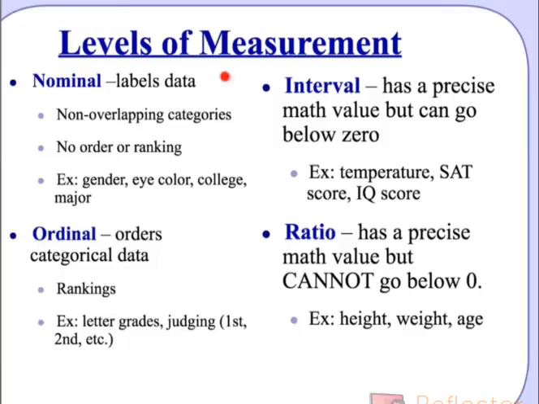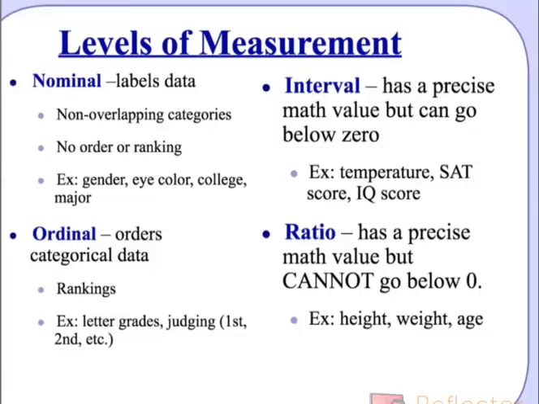So both of these, ordinal and nominal, are for categories, okay? These are for your categorical data or your qualitative data. One, you're going to be putting things in order. That's your ordinal. And one, you're not going to be putting it in order. So that's your nominal.